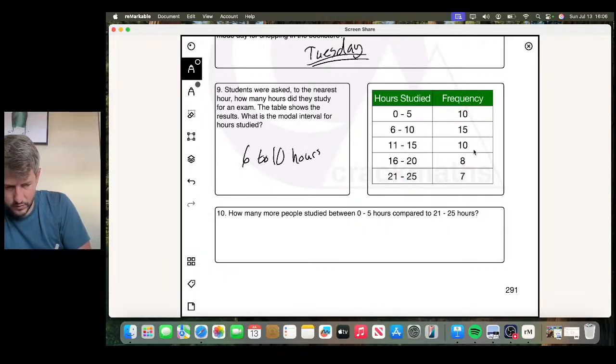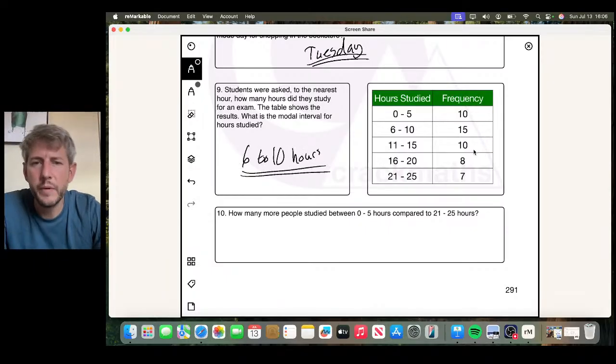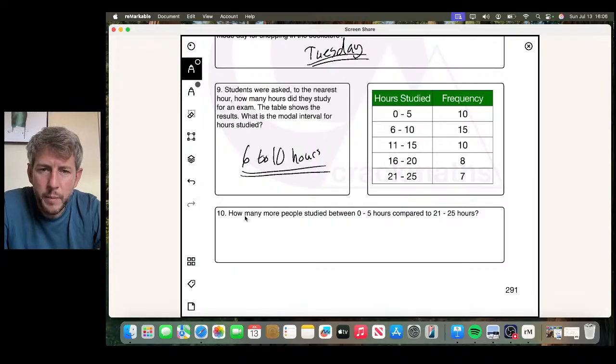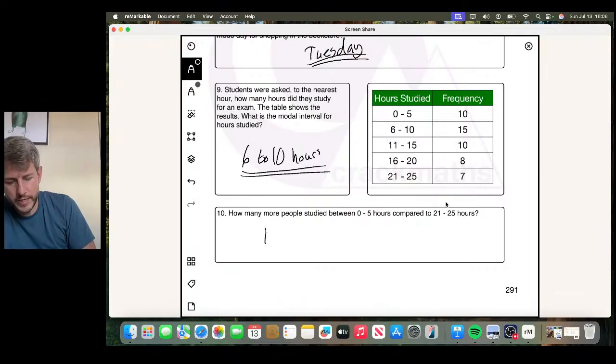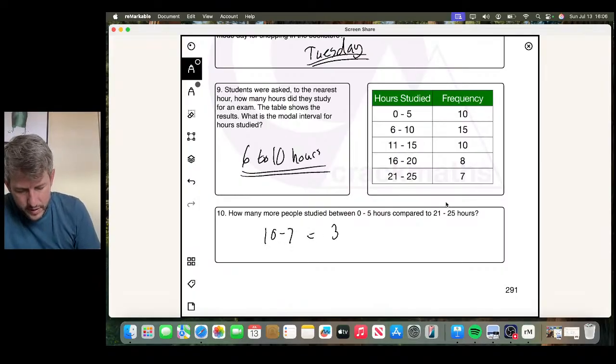And then, how many more people studied between 0 and 5 hours compared to 21 to 25 hours? Well, 0 to 5 hours was 10 people, and 21 to 25 hours was 7 people. So we will do 10 take away 7, and that will equal 3 more people.